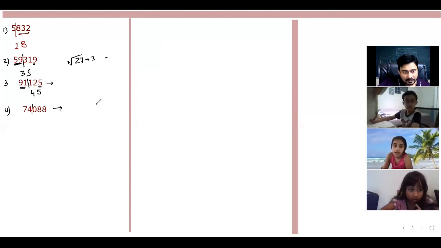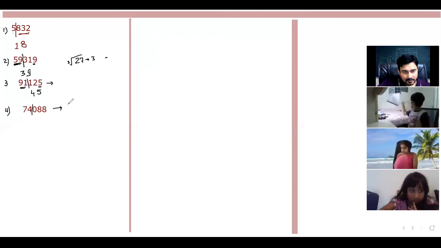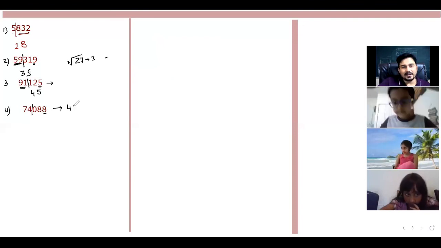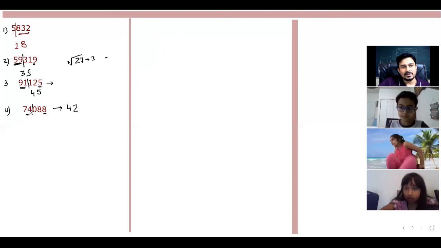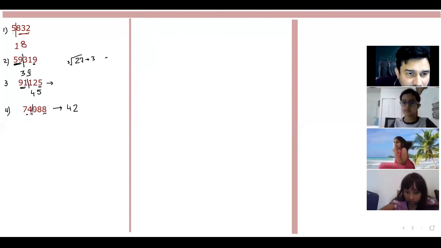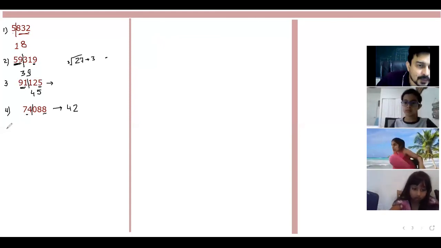Immediately you have to get the answer. For the RHS, it's so easy. In LHS, you have to just think of the number which is a perfect cube and smaller than 74 and find it.